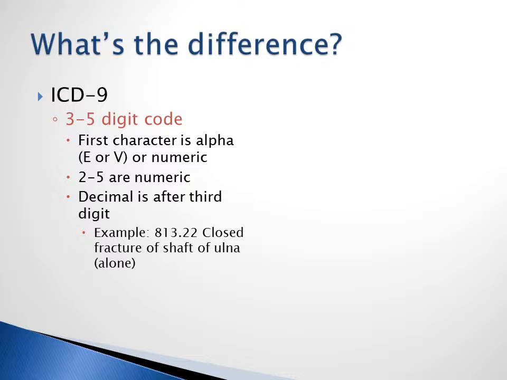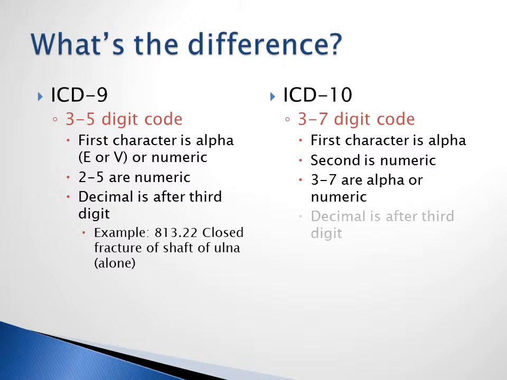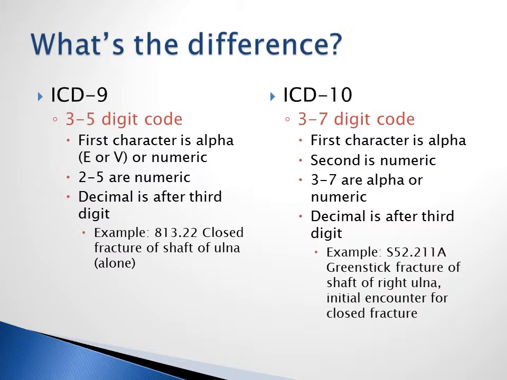An example is 813.22. In ICD-10, we'll be moving to a 3 to 7 digit code. The first character is alpha, the second numeric. 3 through 7 can be alpha or numeric. The decimal stays the same.